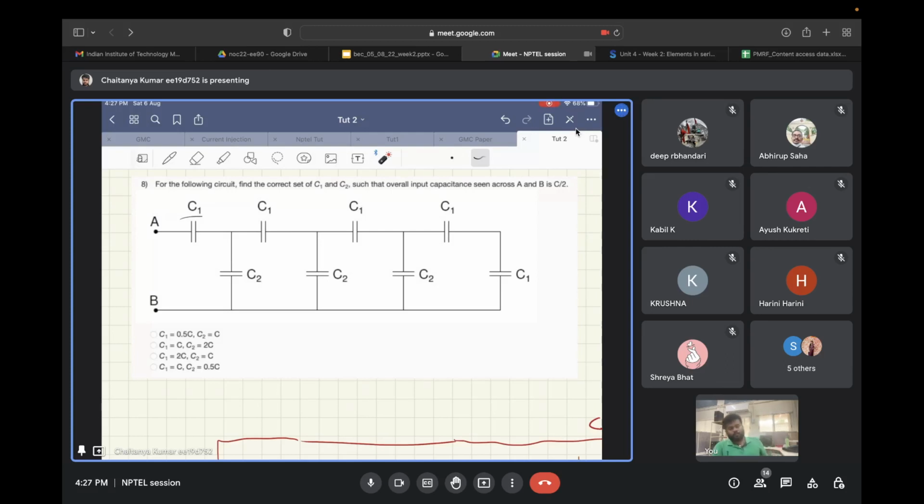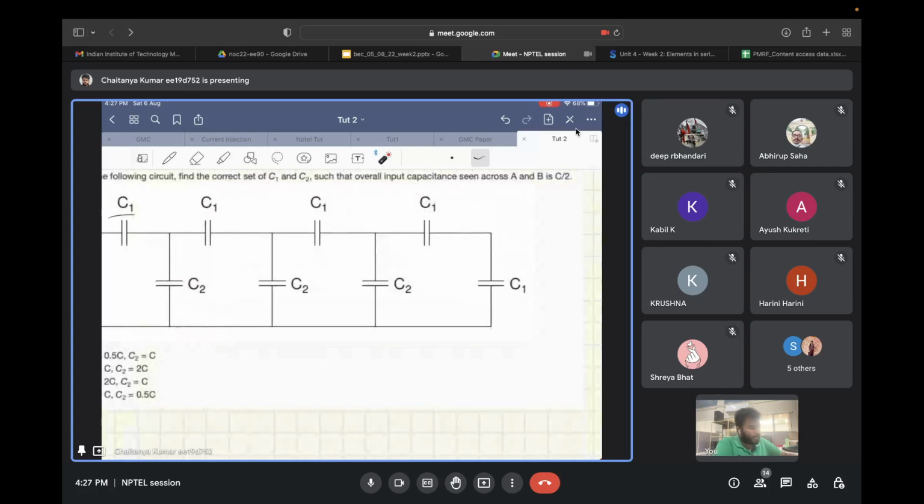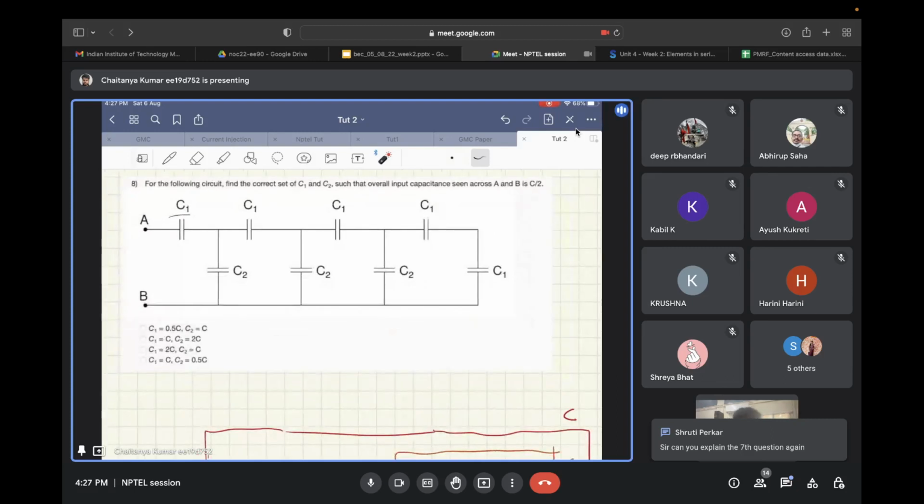Okay, let's see the solution for this. Again, you need to see the repeating pattern. Irrespective of the length of the network, the capacitance at this point must remain the same.